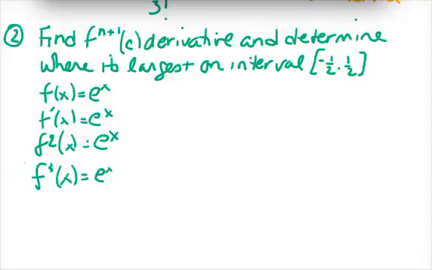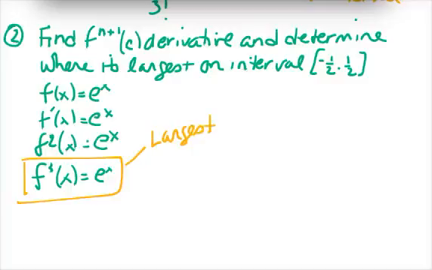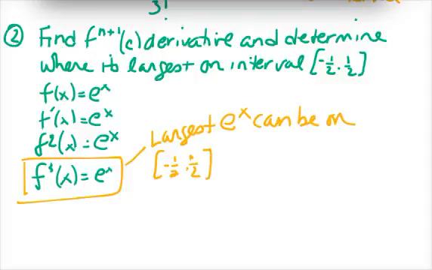So we're going to look at the largest that e to the x can be on negative 1/2. And again, that's equal to 1/2. So f cubed of x is equal to e to the 1/2, which is approximately equal to 1.6487, right?